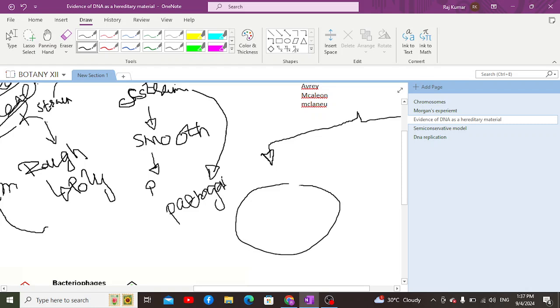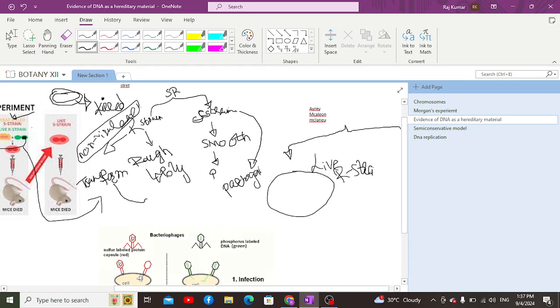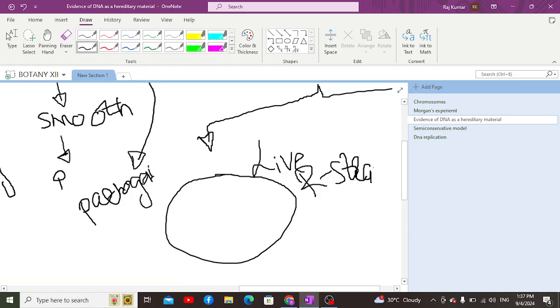The culture in which the live R strain was formed had enzymes inside it, enzymes which can digest protein, RNA, or DNA, which could lead to disruption of their structure, and the transforming principle might be stopped as a result of losing DNA or RNA or protein. So this was the hypothesis given.